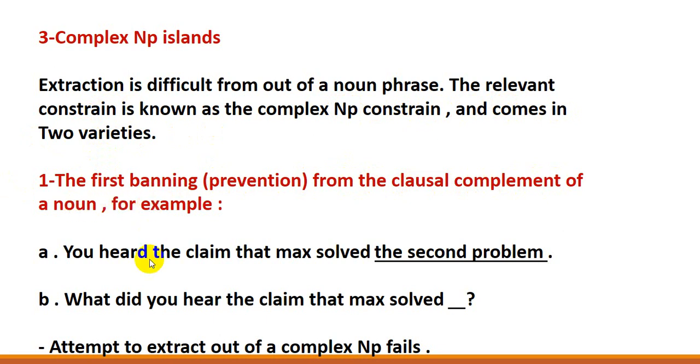For example, you hear the claim that Max solved the second problem. If I want to make a question, what did you hear the claim that Max solved? The attempt to extract out of a complex noun phrase fails.